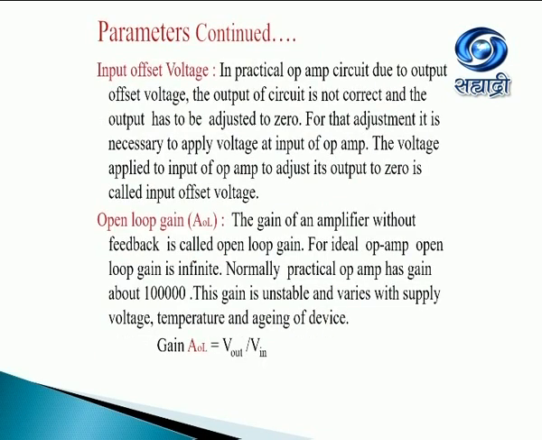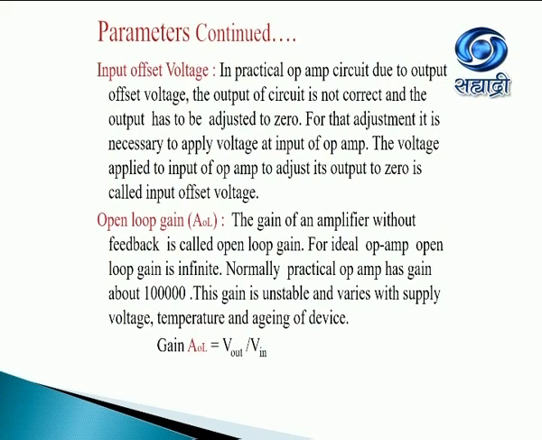In practical op-amp circuits, due to output offset voltage, the output of the circuit is not correct and the output has to be adjusted to 0. For that adjustment, it is necessary to apply a voltage at the input of the op-amp. The voltage applied to the input of the op-amp to adjust its output voltage to 0 is called input offset voltage.